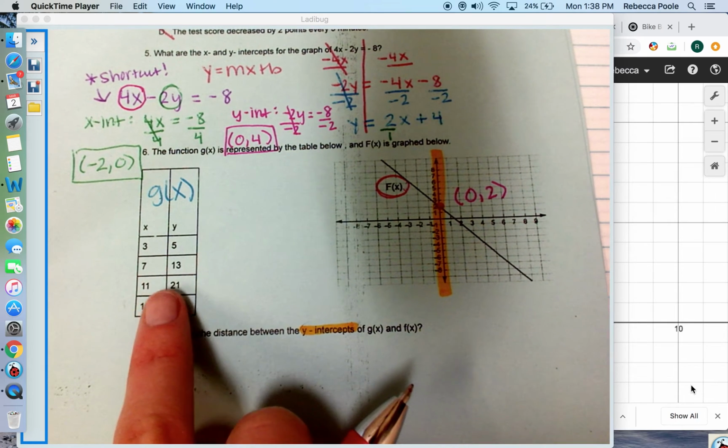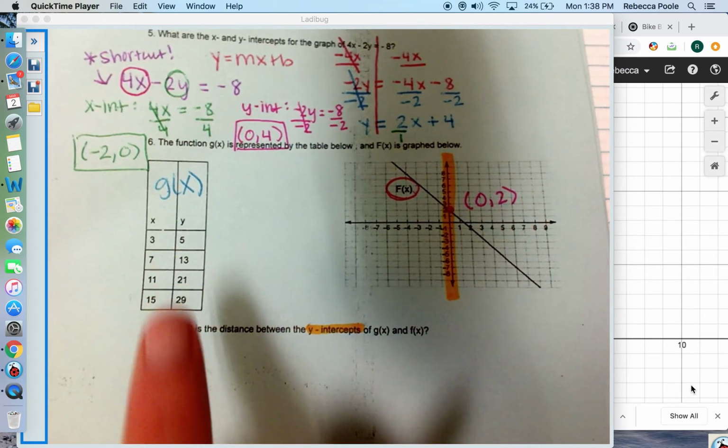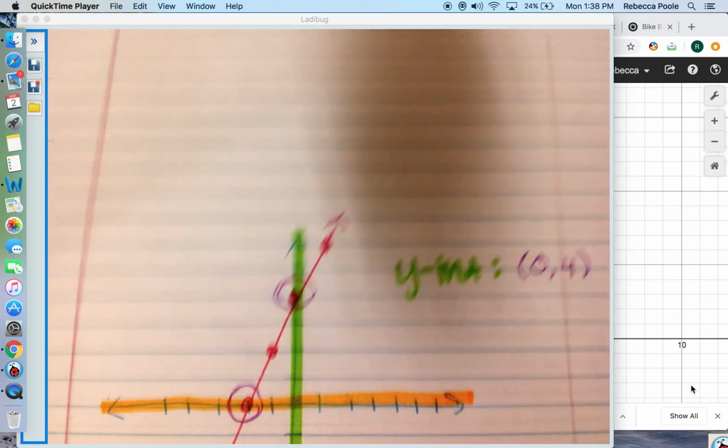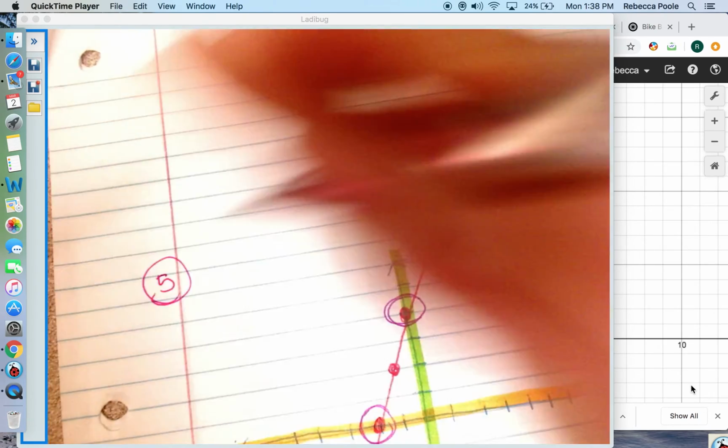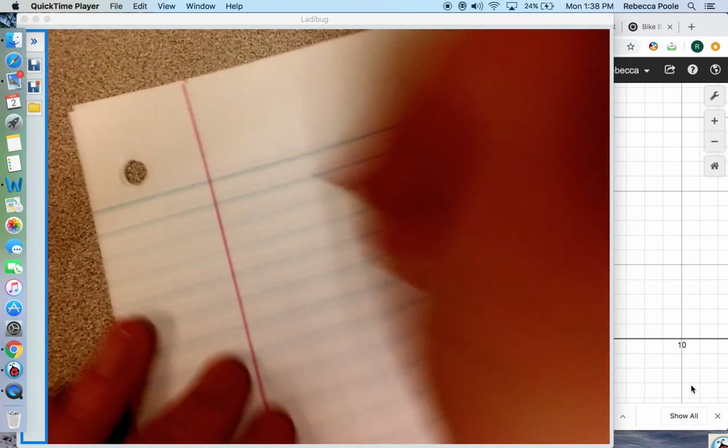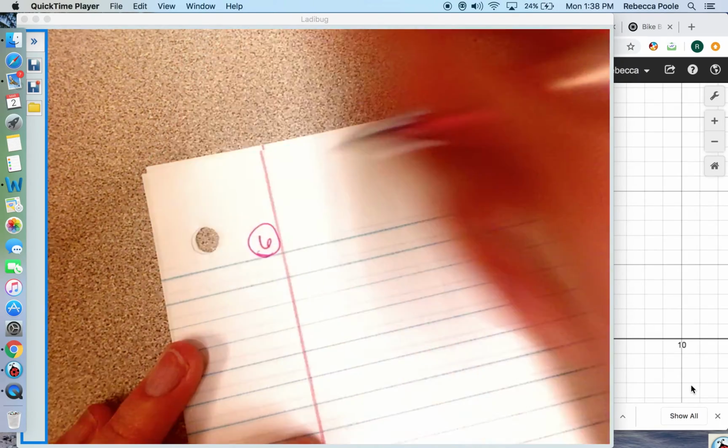So I'm going to make a graph again, and I'm going to graph these ordered pairs. Let's see, this was number 5. Keep my work organized. All right, and this is number 6.